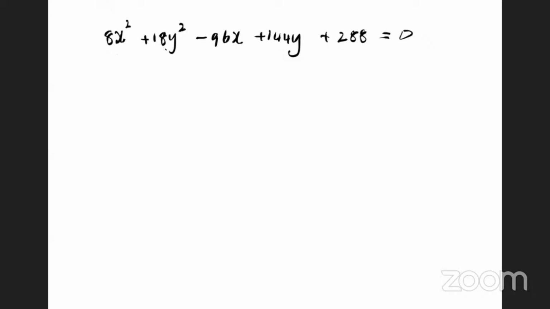So what we need to do now is to put this in a form that's easy for us to read off. Okay, what you just do? You just bring the x's together. 8x squared minus 96x, 18y squared plus 144y, and let's move across that 288.